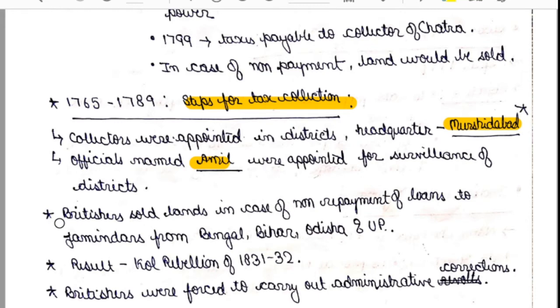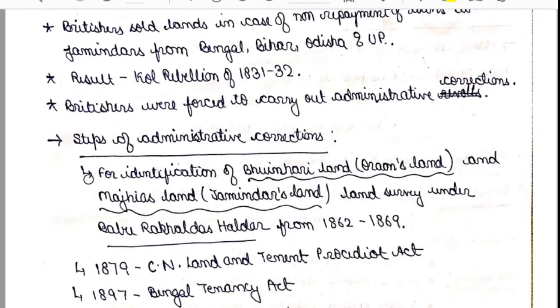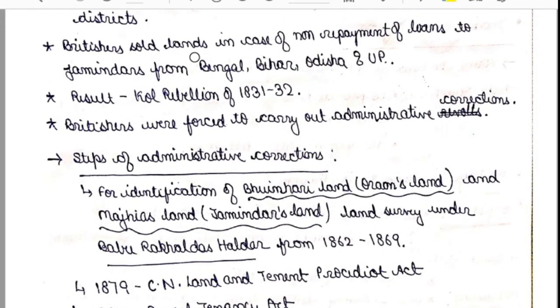Okay, now the next fact that you should remember is that the British sold lands in case of non-repayment of loans to zamindars from Bengal, Bihar, Odisha and UP. We had seen in the earlier slide that if there was non-payment of taxes, Britishers used to sell the land of the tenants to the zamindars from Bengal, Bihar, Odisha and UP.